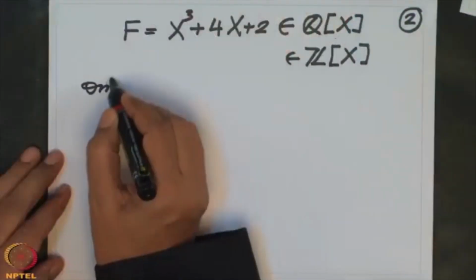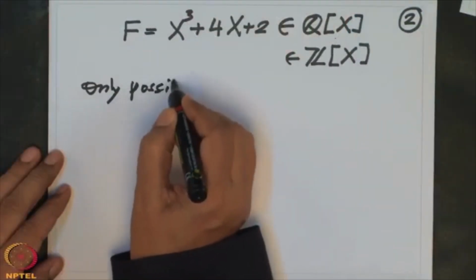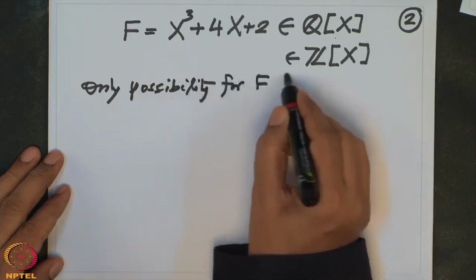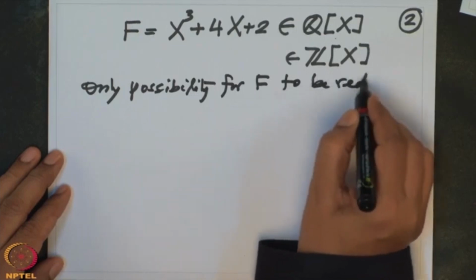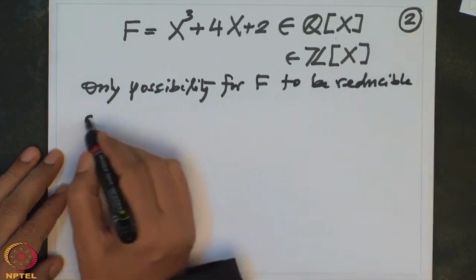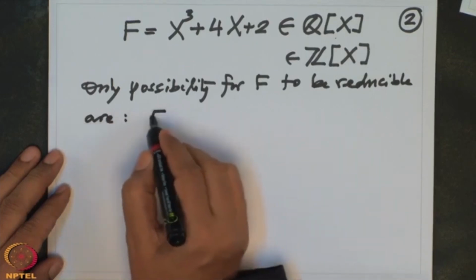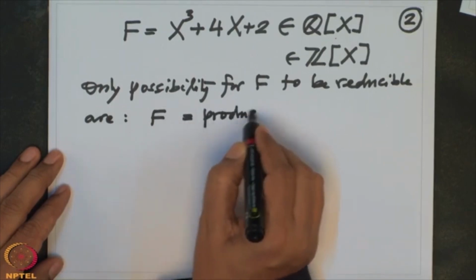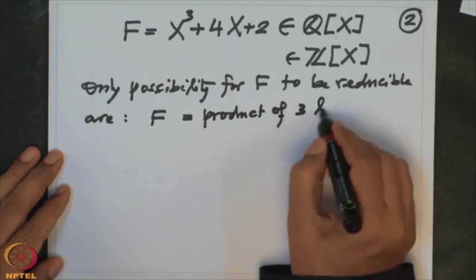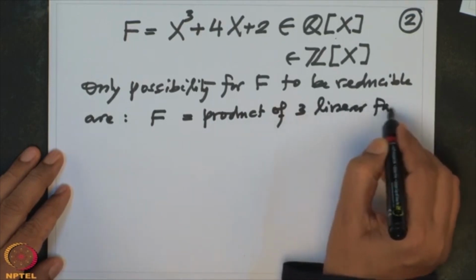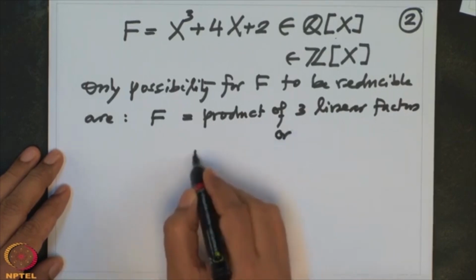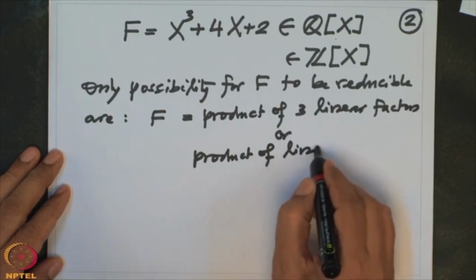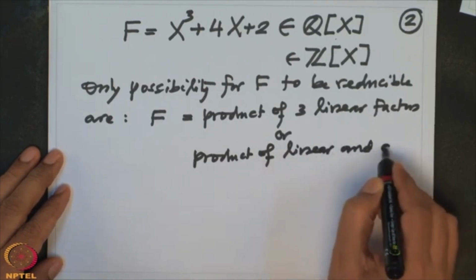So the only possibilities for f to be reducible are that f is a product of three linear factors, or a product of a linear and a quadratic factor.